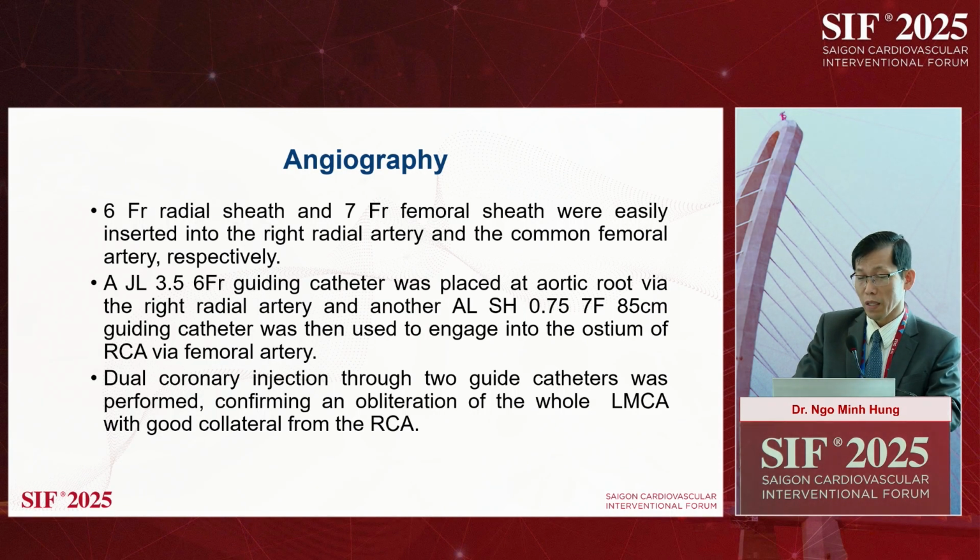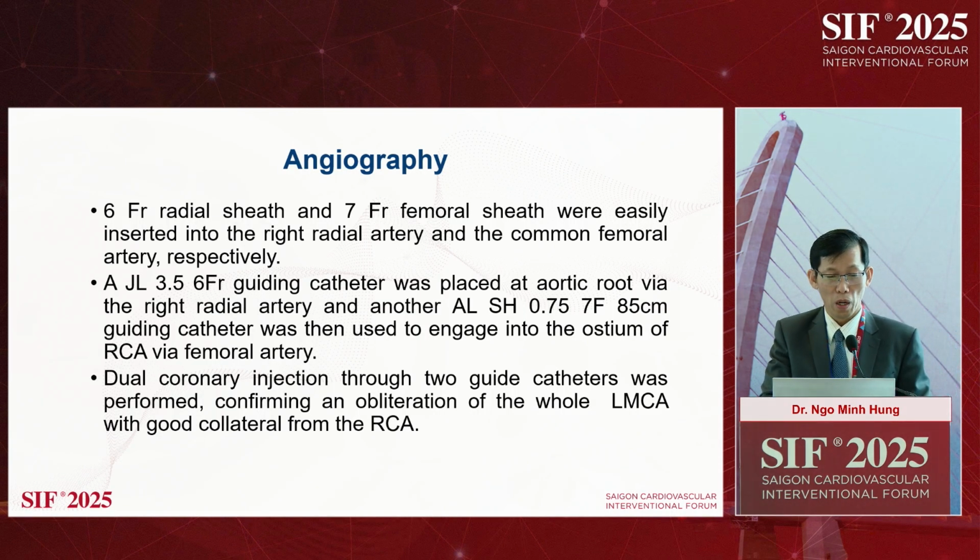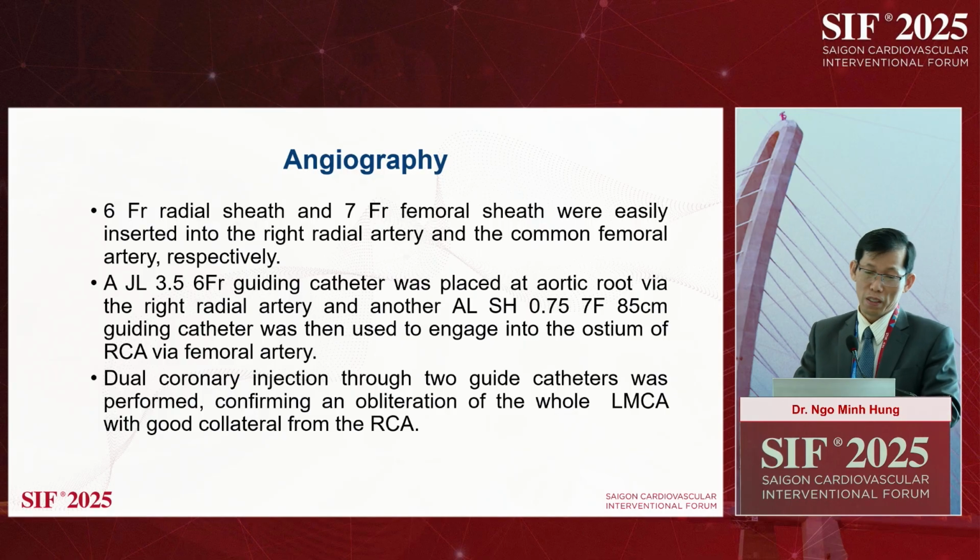And the surgeon sent this patient to us because they don't want to reopen this elderly guy. So a 6 French catheter from the radial, and a 7 French for the femoral in order to get the two guides.